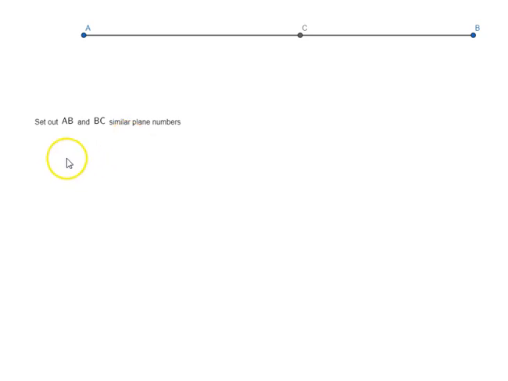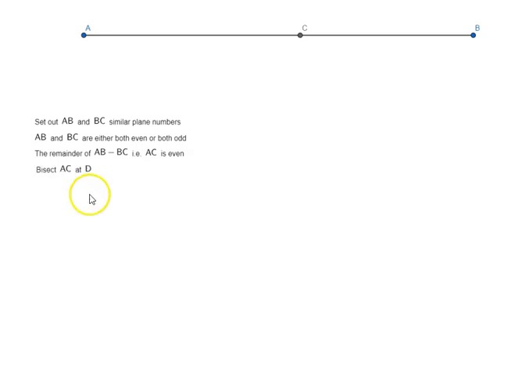And similar basically means that those two numbers are in proportion. AB and BC are either both even or both odd. Why? Because when we subtract these two, AB minus BC, that is AC, that should be even. So if both are even, we subtract, we get an even number. If both are odd, we subtract, we get an even number.